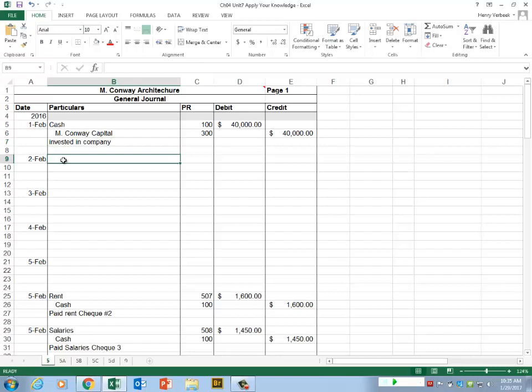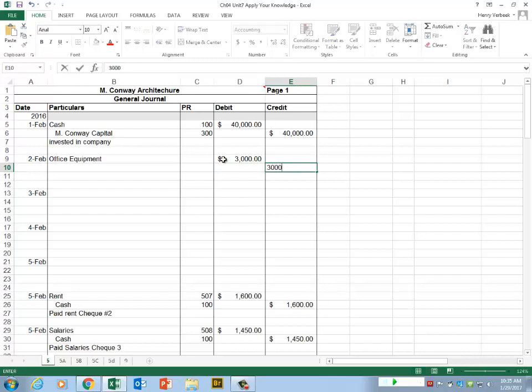Now back to the textbook. February 2 bought office equipment for $3,000. So that's also an investment in the company, but in an asset. So we're going to put in for office equipment, and that is $3,000. And it must be a debit of $3,000. And so that's where we have to pay for it.